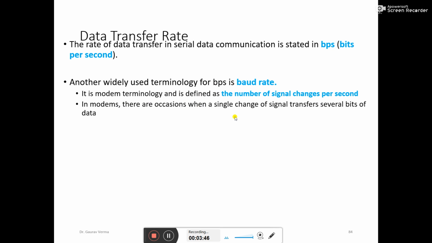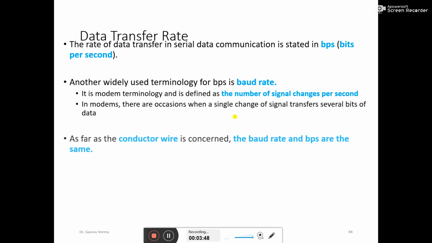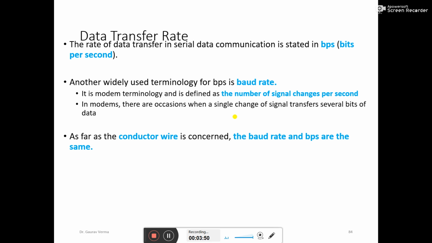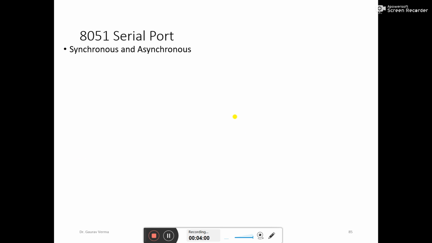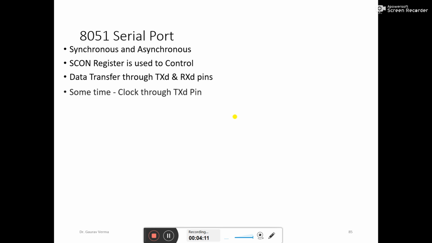There are occasions when a single change of a signal transfers several bits of data, but as far as the conductor wire is concerned, the baud rate and BPS are the same. Transmitter and receiver must both be at the same baud rate so that communication can happen easily.